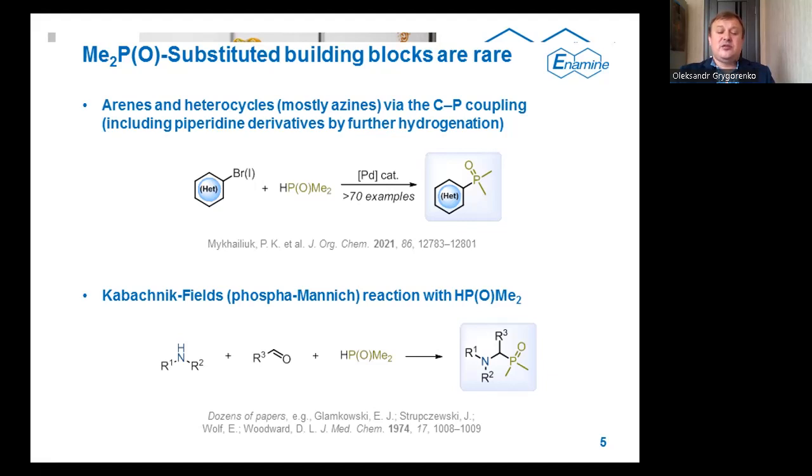This reaction is well documented in the literature, typically for the preparation of acyclic aminophosphine oxides. Therefore, there is much to do in this area in terms of synthesis. For example, saturated heterocyclic building blocks have been largely omitted.